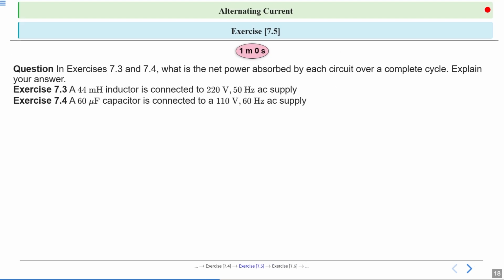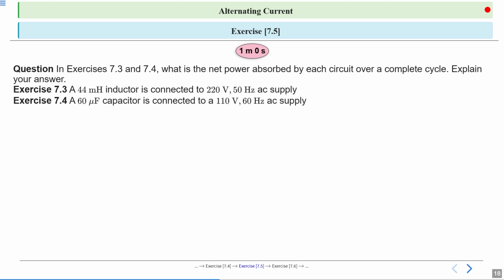Now, next question in exercise 7.3 and 7.4. In 7.3, what we have discussed? A pure inductive circuit having an inductor of inductance 44 millihenry. And in exercise 7.4, we have calculated the IRMS for a purely capacitive circuit of capacitance 60 microfarad.